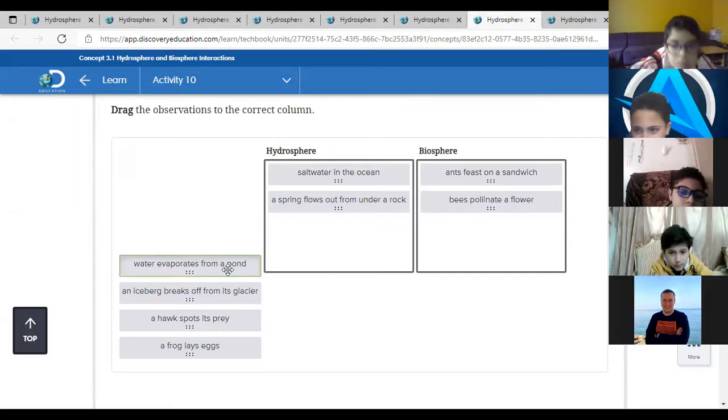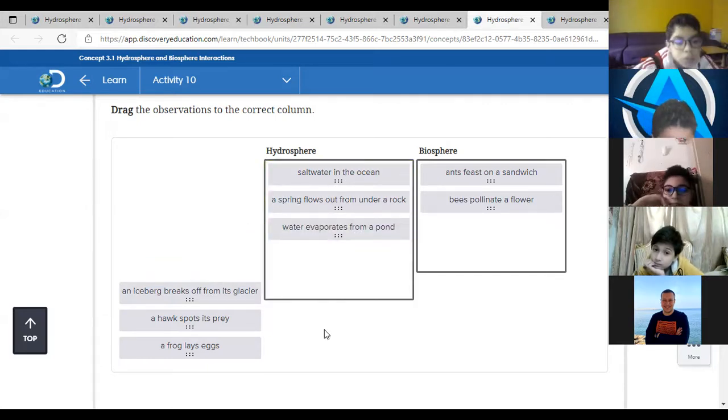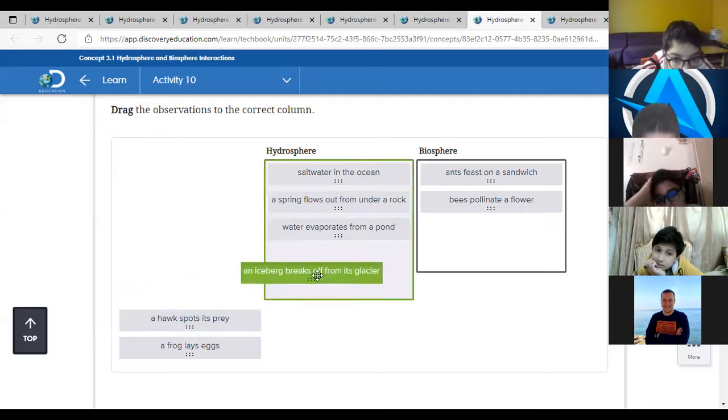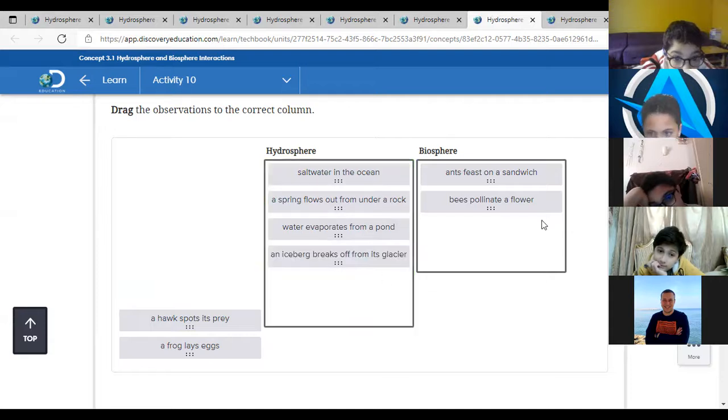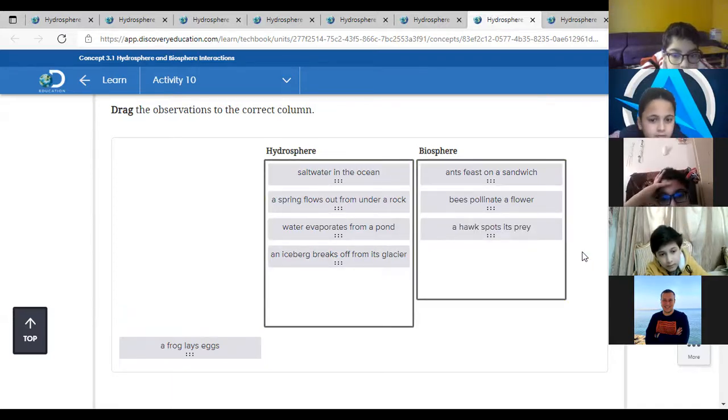Mustafa, water evaporates from a pond. Hydrosphere. Excellent. Amr, an iceberg breaks off from its glacier. Hydrosphere. Okay. Jasser, a hawk spots its prey. Biosphere. This is great.